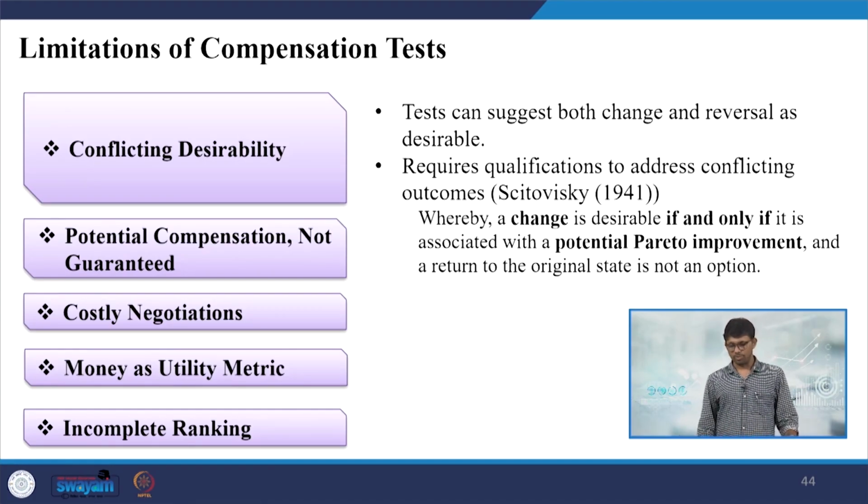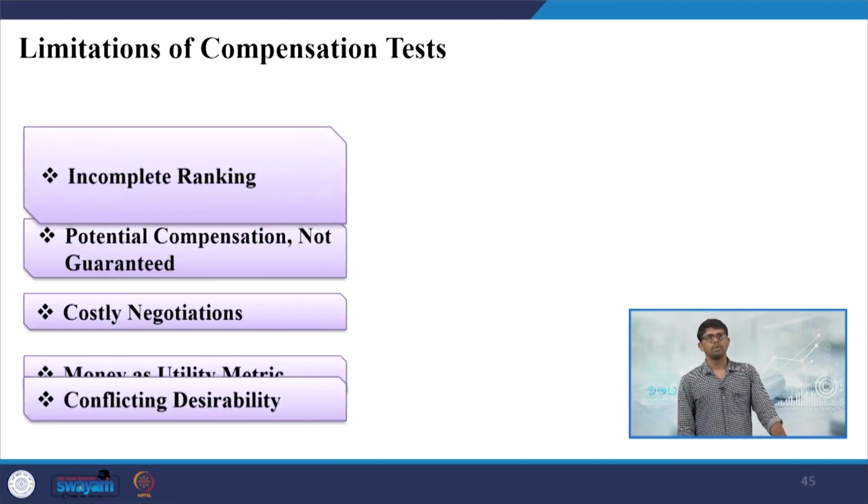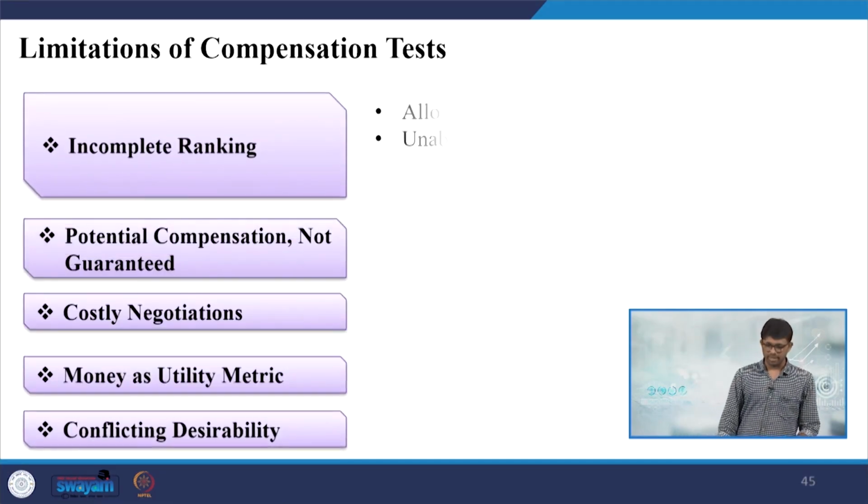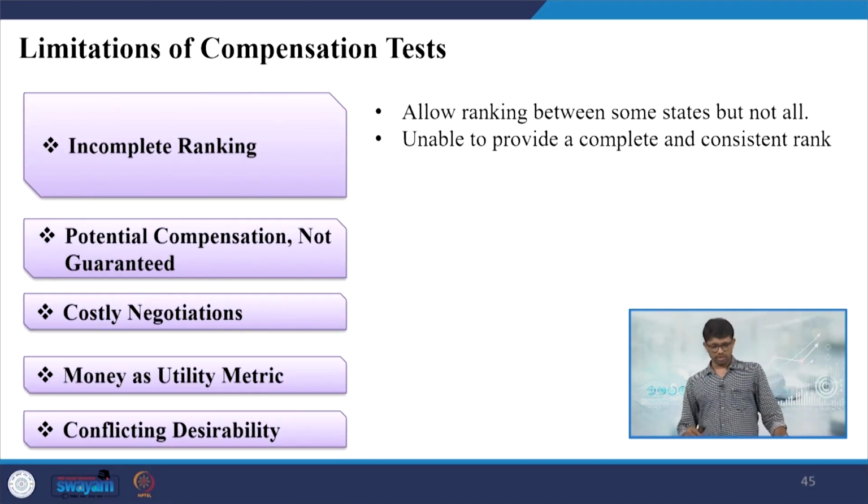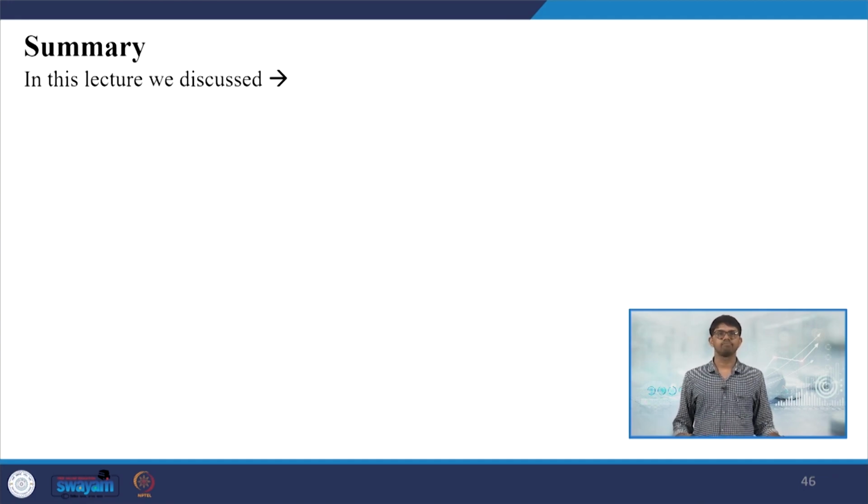This requires qualifications to address conflicting outcomes as mentioned in Scitovsky's 1941 paper, whereby a change is desirable if and only if it is associated with a potential Pareto improvement and a return to the original state is not an option. Last one is on incomplete ranking. This allows ranking between some states but not all. This is unable to provide a complete and consistent ranking.